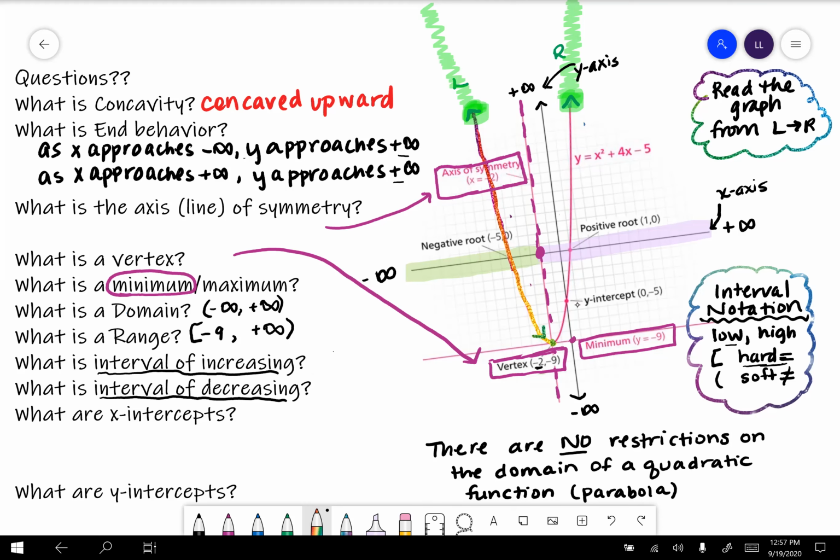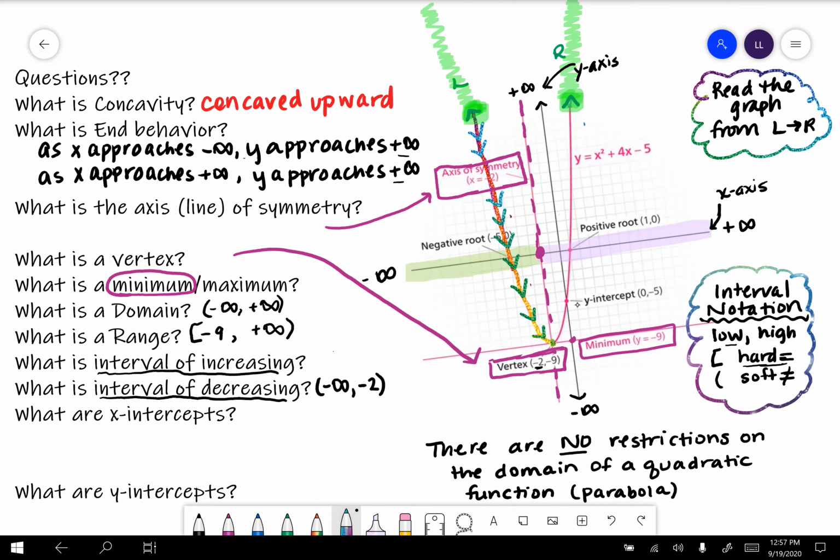At x equals -2, it stops decreasing. So on the left side, it is decreasing. That interval of decreasing would be from -infinity, and then it stops at -2, which means our vertex is the turning point.